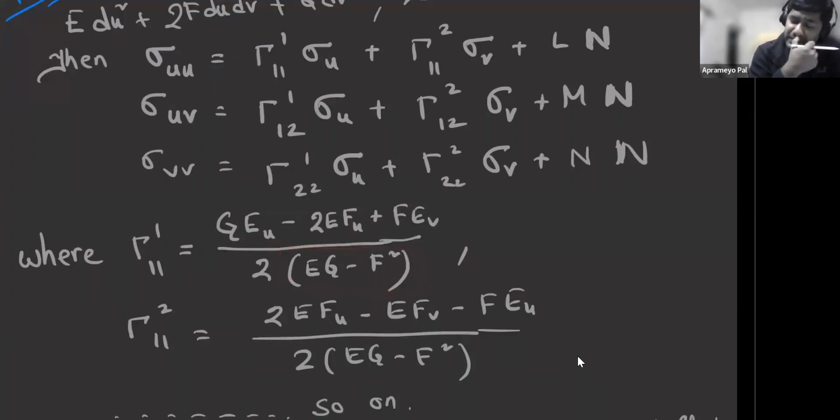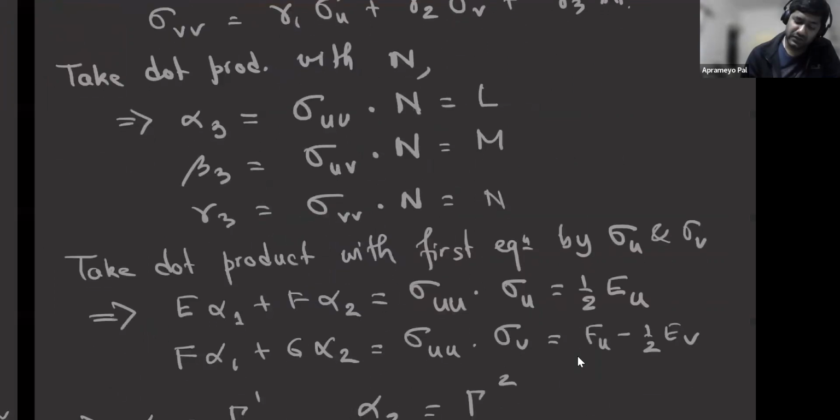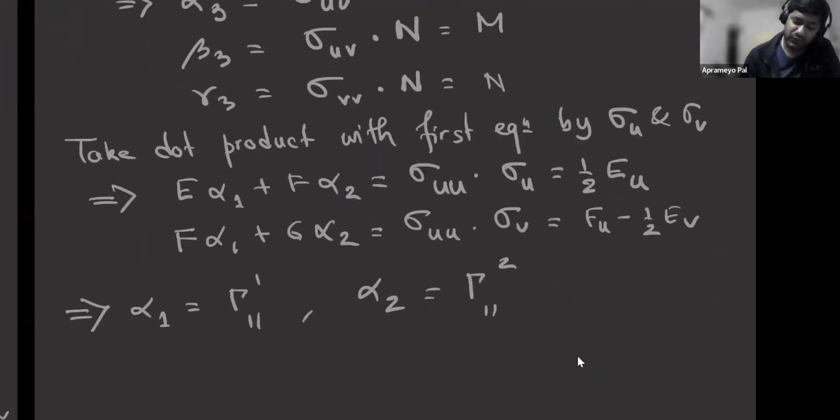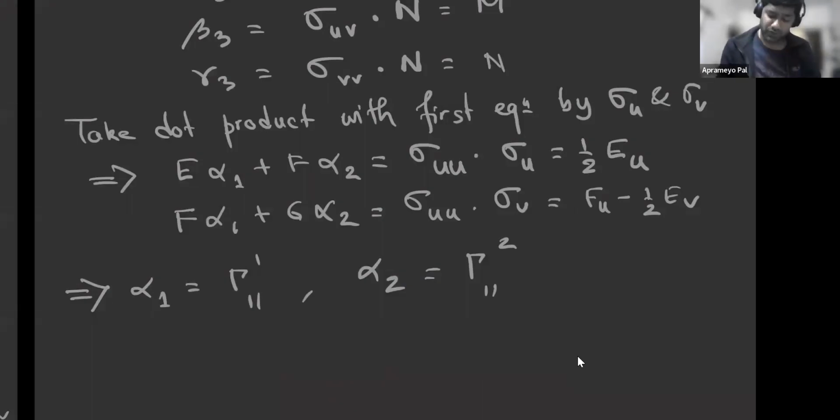Because if you remember the linear algebra part, the inverse of a matrix has the determinant in the denominator. When you want to resolve this, the matrix is E, F, F, G, and its determinant is exactly the same. So you have to proceed and then you can prove this.